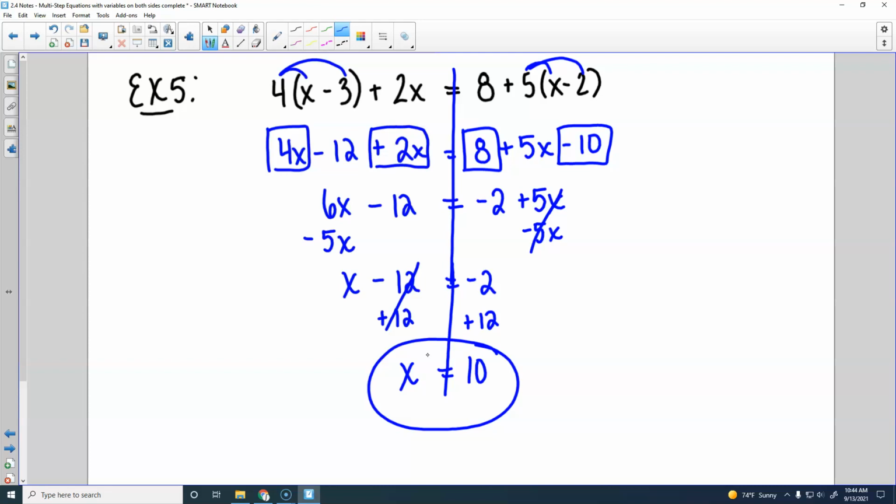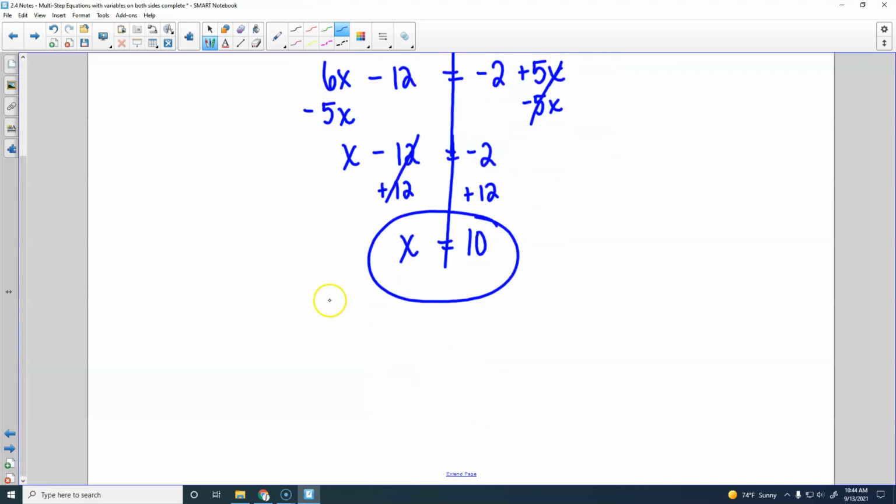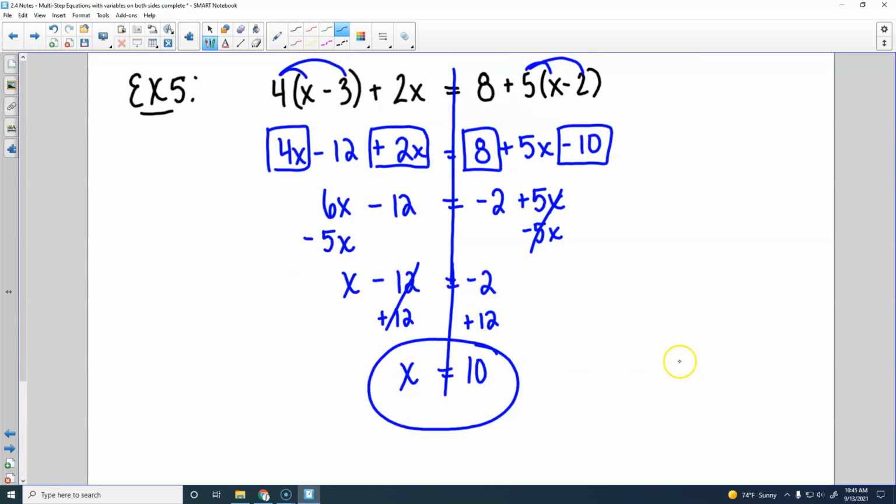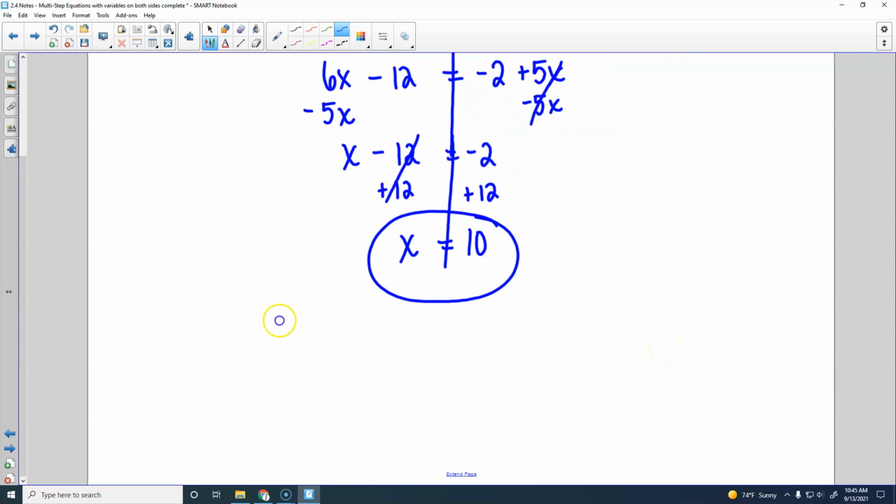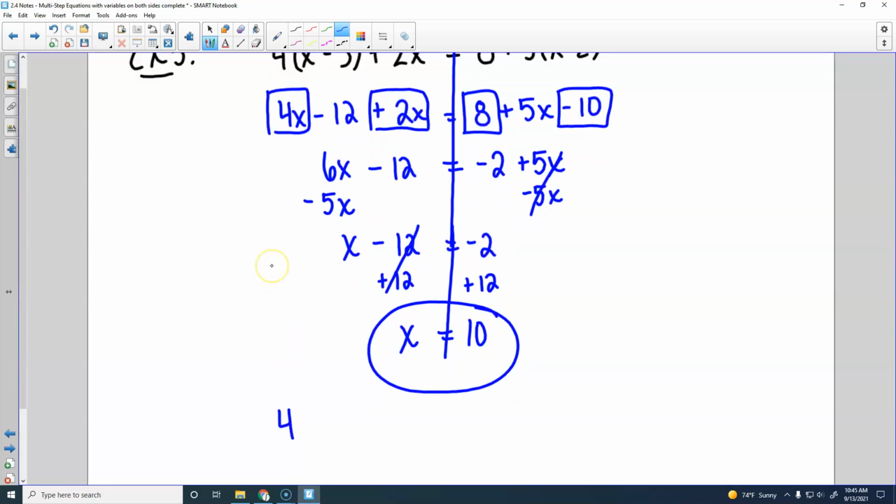Now, I want to stress as a whole to you guys the importance of the neatness of your work. Some of you have beautiful work and do not need to listen to my rant right now. But some of you have terrible work, and you would have worked this problem something, here I'll show you.